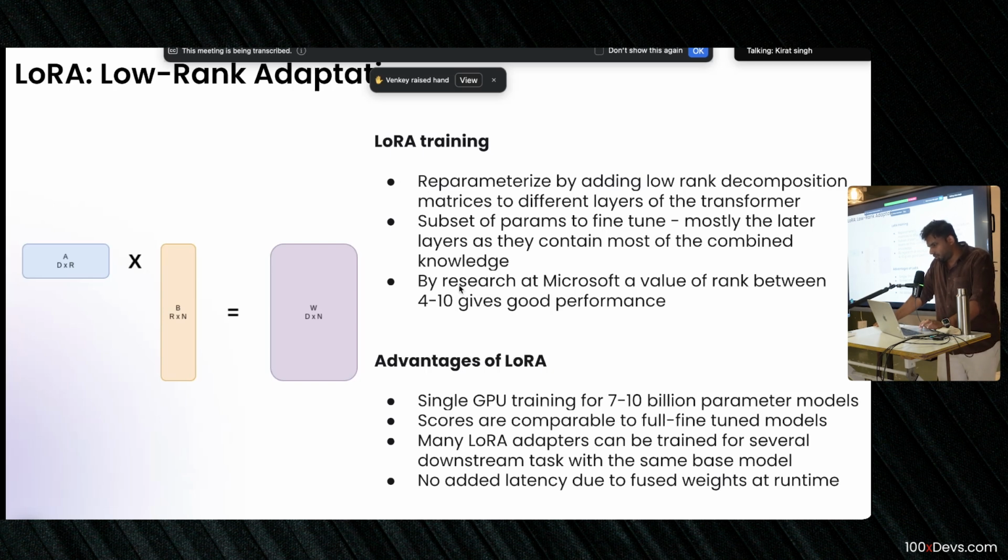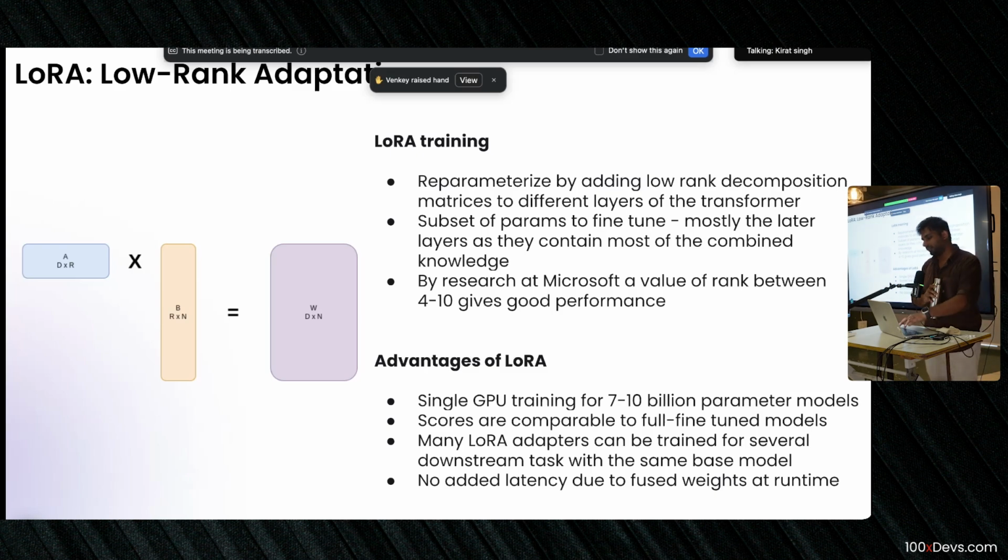Okay, we won't go too much deeper into what this is. Basically, what's the advantage is now you can train a 7 to 10 billion parameter model on your consumer GPU, a 24 GB GPU, which was not possible before, right? That's the whole agenda of doing LoRa. Okay. And scores, research shows that scores are comparable to full fine tuning.